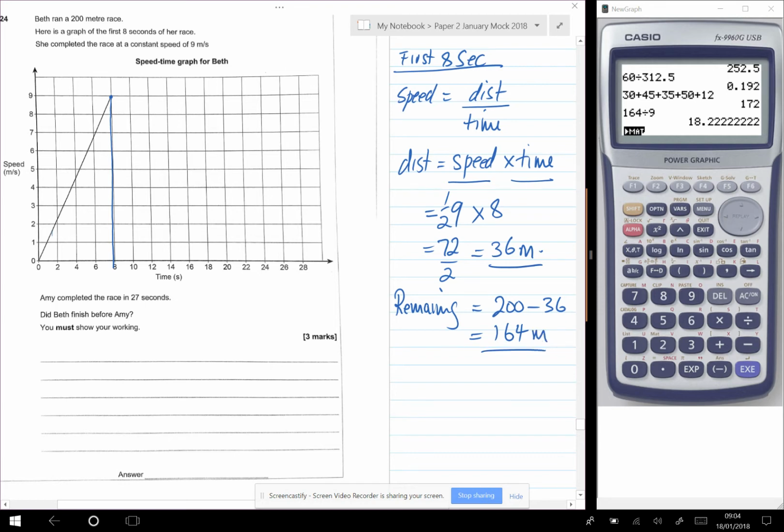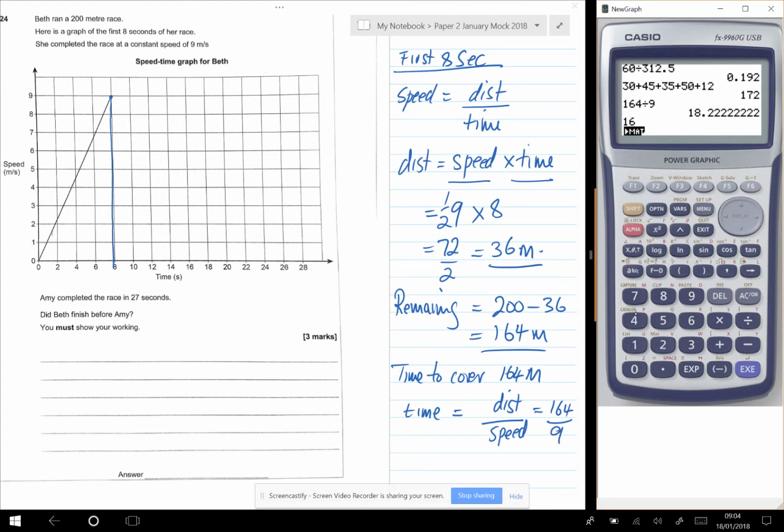Right, so we need to now work out how long it's going to take Beth to do that at 9 meters per second. So the time to cover 164 meters, we're going to rearrange this equation again. Speed equals distance over time, to get time equals distance over speed. Now the distance travelled is 164 meters and the speed is 9.